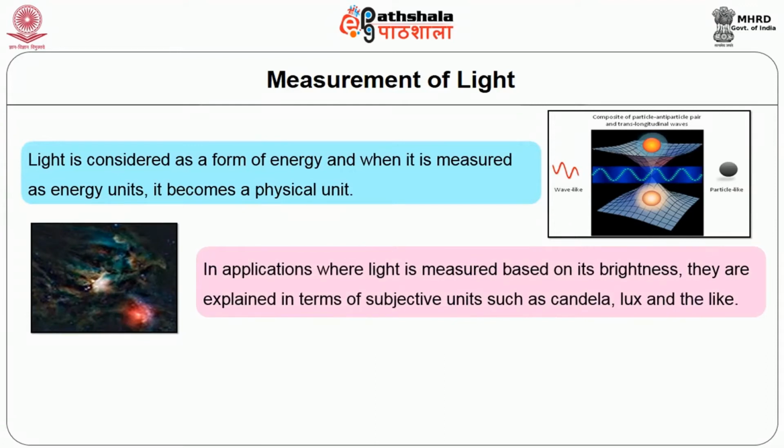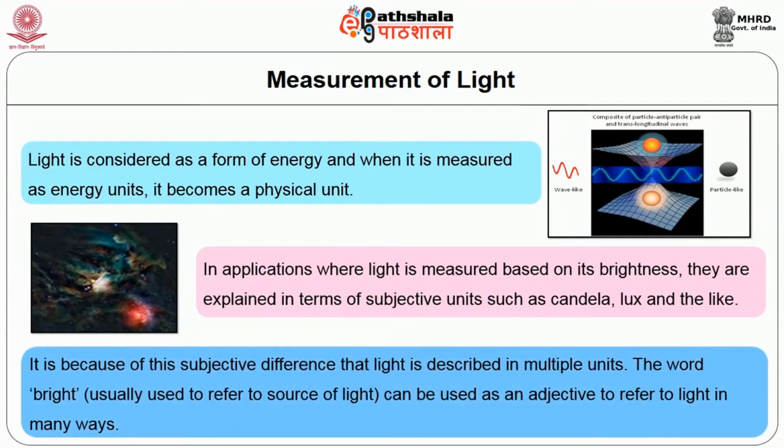In applications where light is measured based on its brightness, they are explained in terms of subjective units such as candela, lux and the like. It is because of this subjective difference that light is described in multiple units.